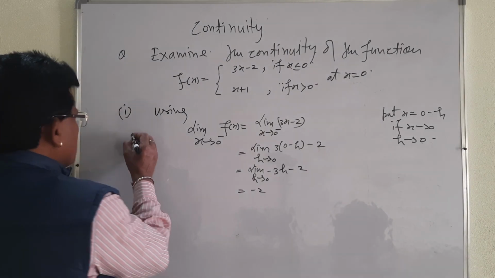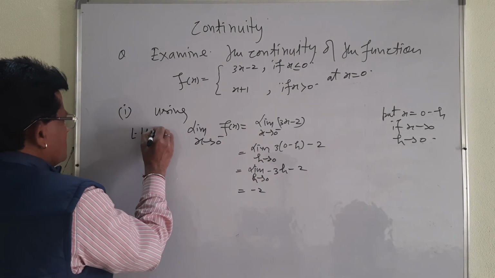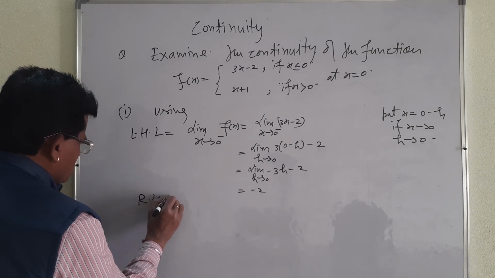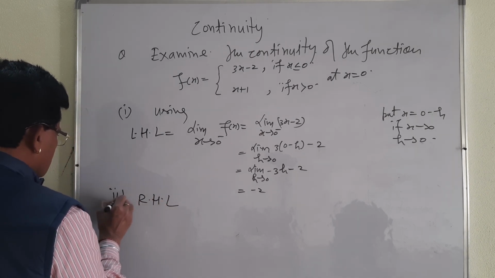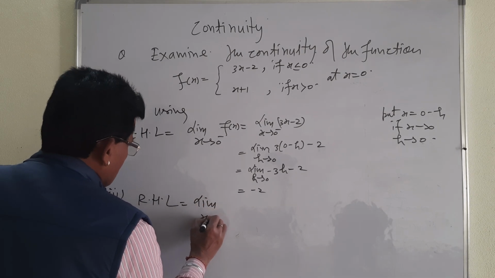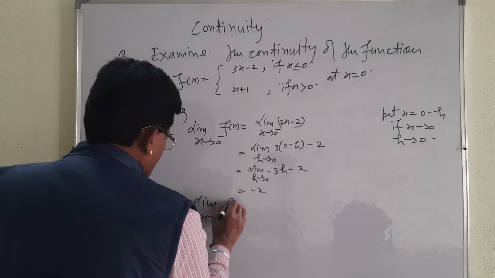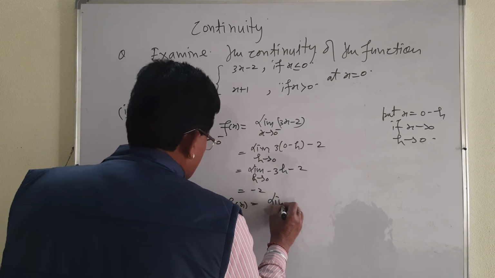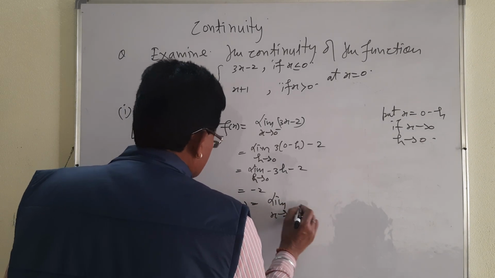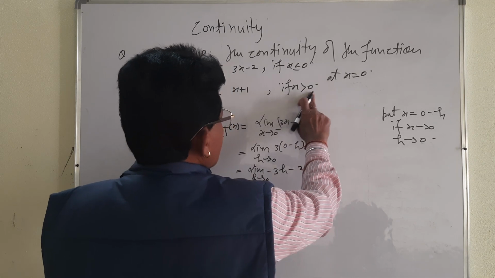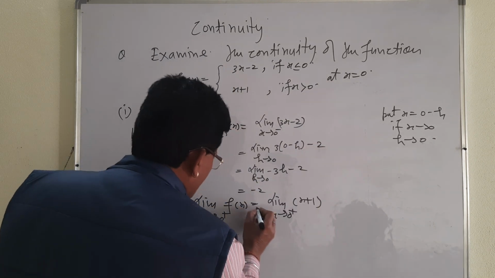Similarly, you can take the left hand limit, it will be equal to this one. I am going to take the right hand limit, second case. Then it will be limit x tends to 0, right hand limit, and the function is x plus 1 when x is greater than 0. It will be equal to how much?